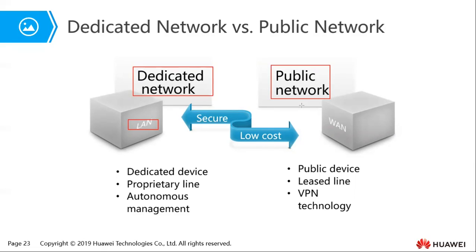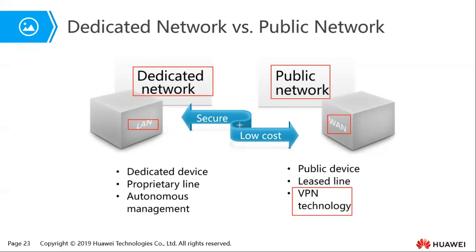When you talk of public network, we normally refer to the wide area network. And normally, MMU will lease part of the devices on the public network or construct what we call a VPN technology, VPN, a virtual private network, over the public network.